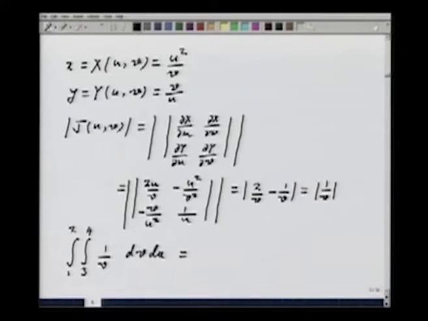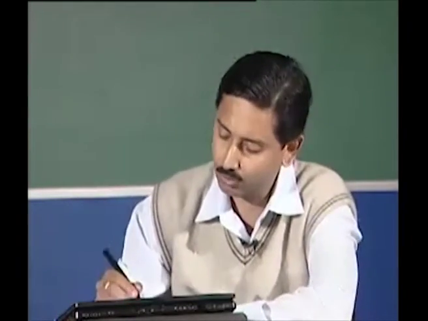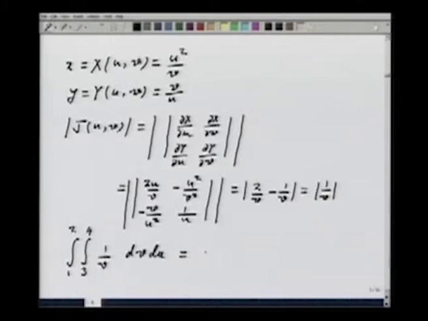I can first integrate the v variable that produces log v, that means log 4 minus log 3. So it is the integral from 1 to 2 of log of 4 by 3 du. But in the integrand there is no u, so I take it out of the integral, and what I get is the integral from 1 to 2 of du, which is 1. So the final answer is log of 4 by 3.